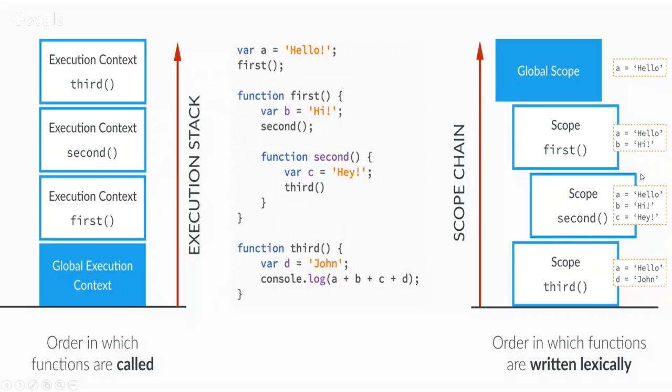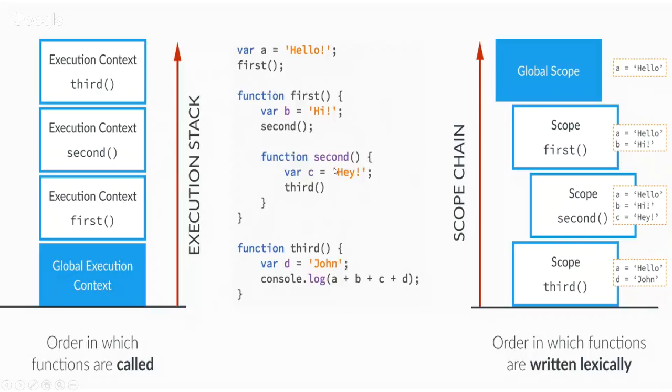Both the first and the second function have access to the B variable here, because, as you already know, lexical scoping allows that. The C variable is only in the scope of the second function, so in its local scope. It's not visible to the first one because remember, scope chain works backwards, from the most nested to the outermost global scope, not from the global scope to the most nested.